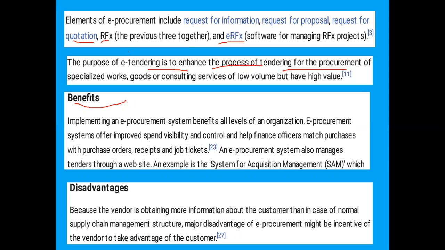E-procurement systems offer improved spend visibility and control. They help officers match purchases with purchase orders, receipts, and job tickets. An e-procurement system also manages tenders through a website.